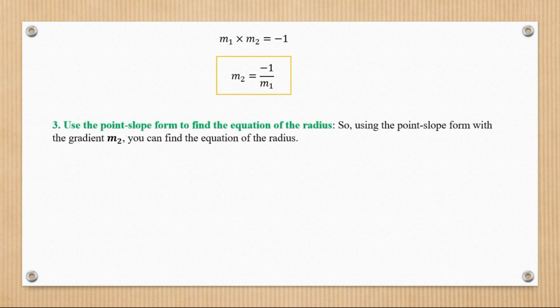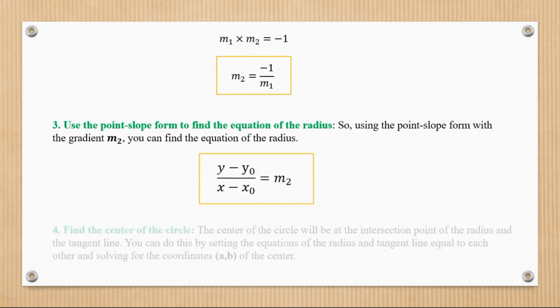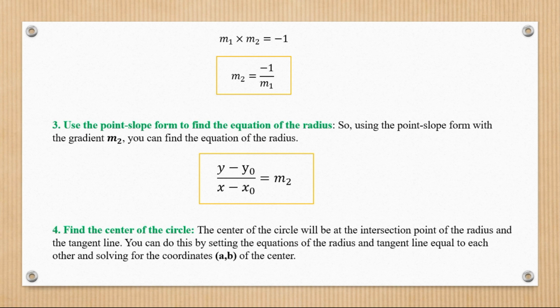And then next, use the point slope form to find the equation of the radius. So using the point slope form with the gradient m2, you can find the equation of the radius from this formula. Then next, find the center of the circle. The center of the circle will be at the intersection point of the radius and the tangent line. You can do this by setting the equations of the radius and tangent line equal to each other and solving for the coordinates (a, b) of the center.